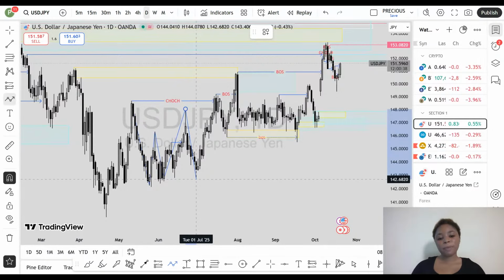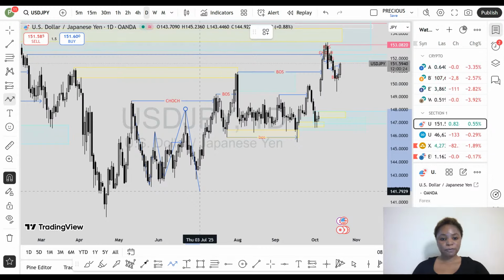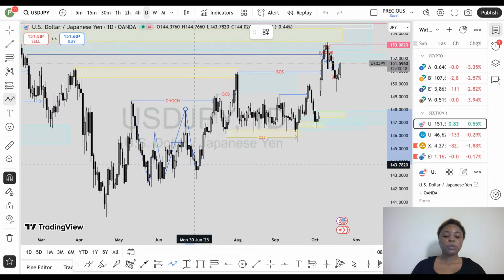But instead of market closing below this low here, giving us maybe a change of character to the downside or a break of structure as a continuation, because we're bearish from here, market didn't close below this low, because now we have more buyers in the market pushing price to the upside, creating higher highs and higher lows.